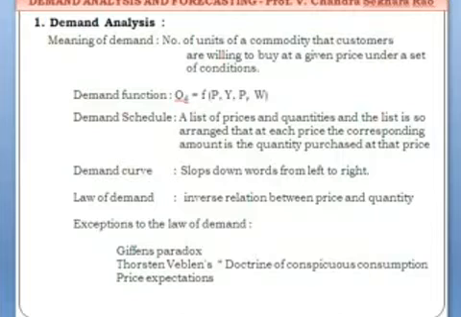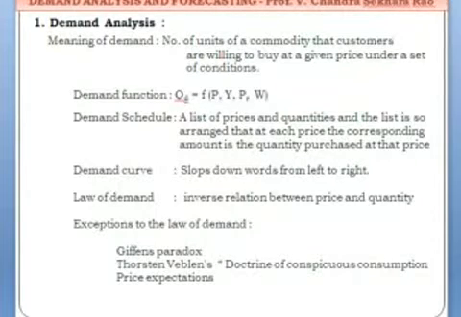So in the first part, under demand analysis, we focus on what the determinants of demand are, how to write a demand function, what a demand schedule and a demand curve are, what the law of demand is, and the exceptions to the law of demand.